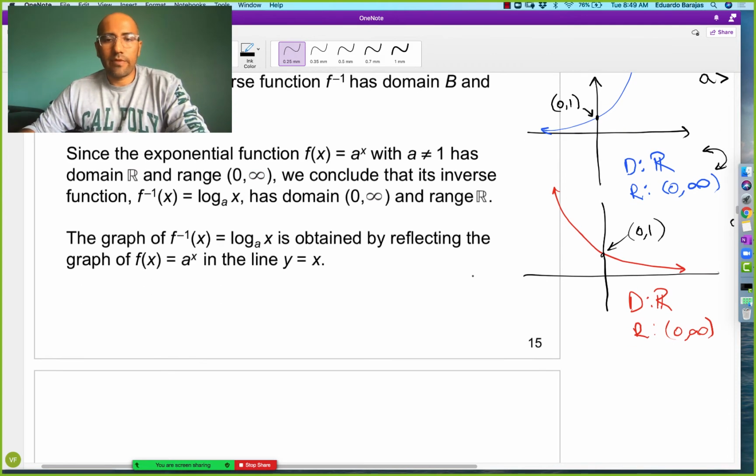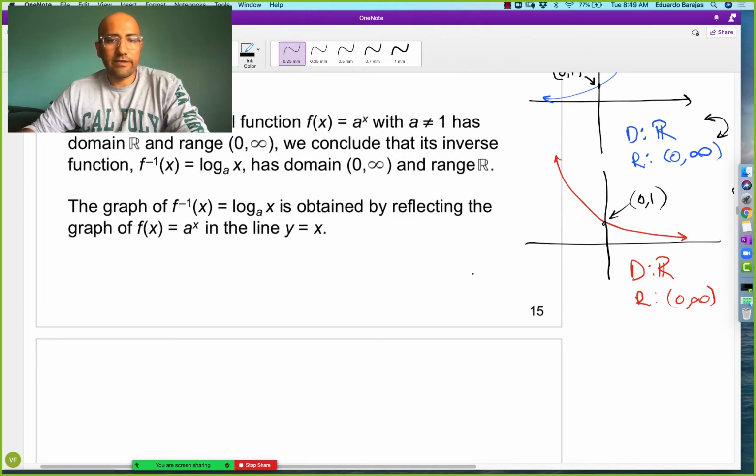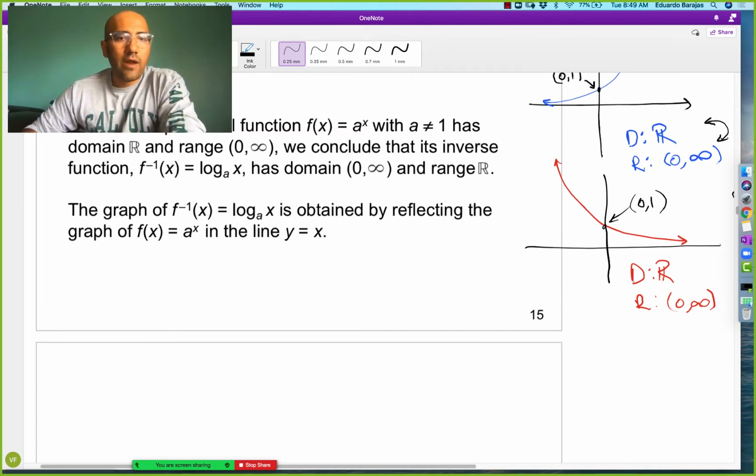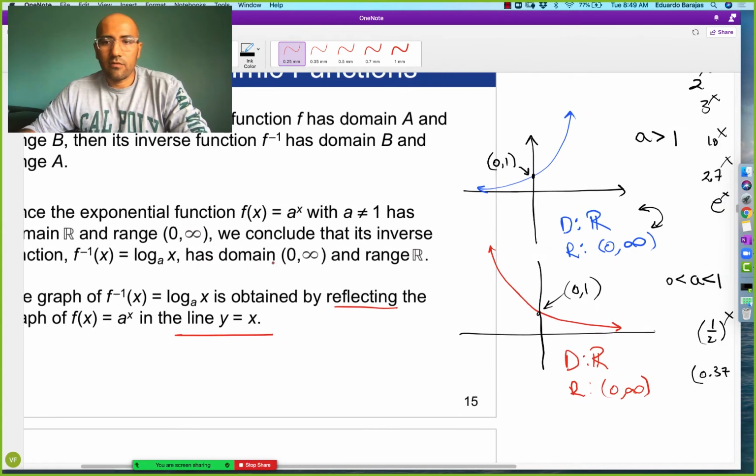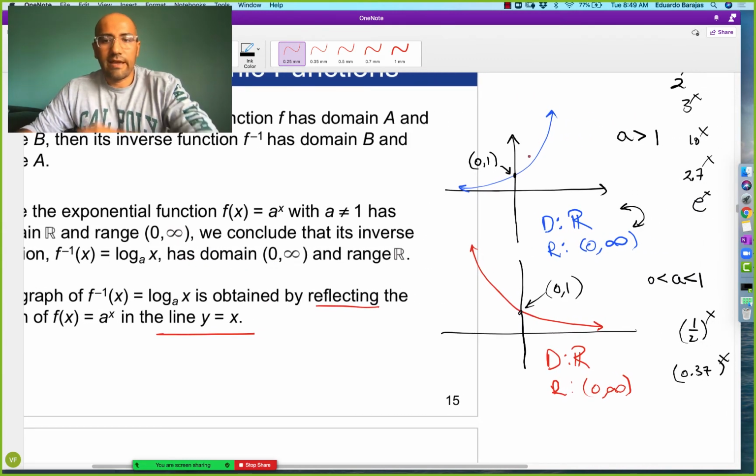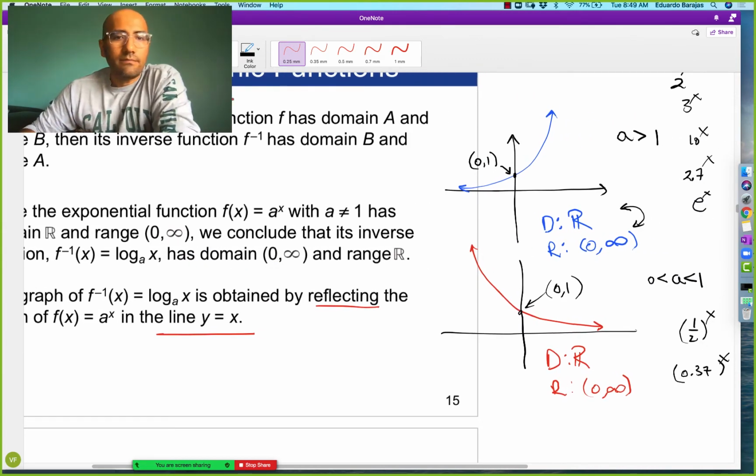Good. And remember that from our previous study of inverse functions, the graphs of inverse functions have this property. Right? They reflect, they're a mirror image about the line y equals x. So as we think about the graphs of the log functions, they're going to have two general shapes. Let's put it in green over here.